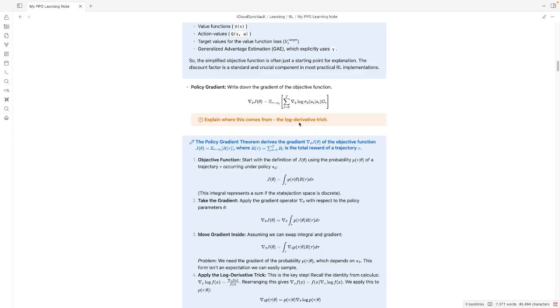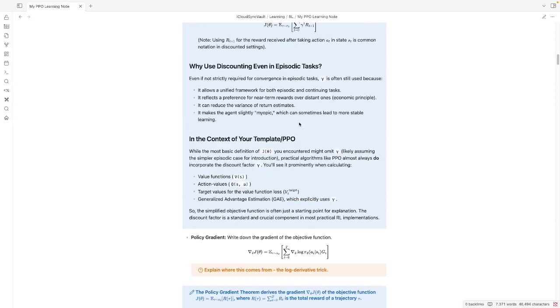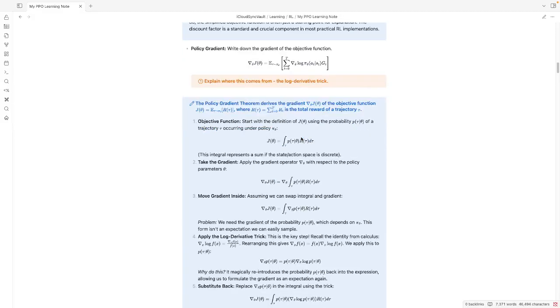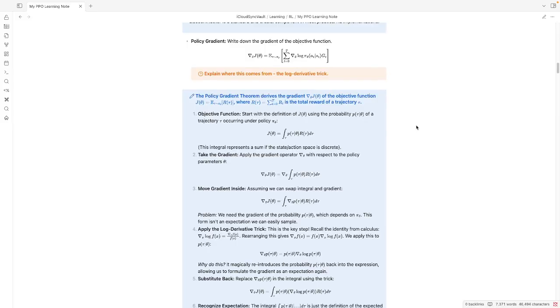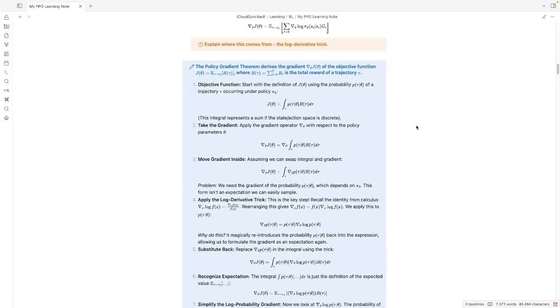I won't go into detail, but it's a standard trick of taking derivatives for probability. And G_t is the summation of all the rewards that we can get at step t moving forwards. You can think of it as a summation, or you can discount it.